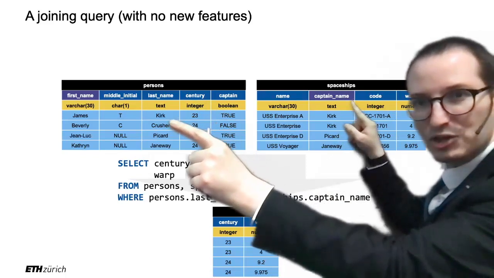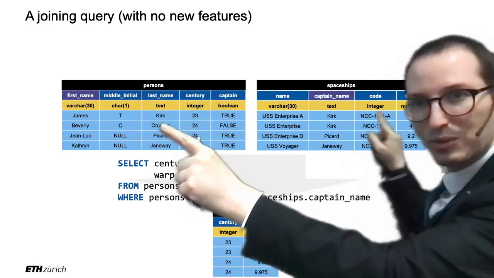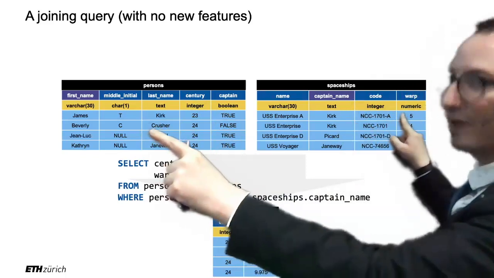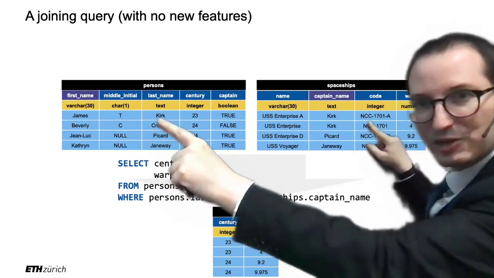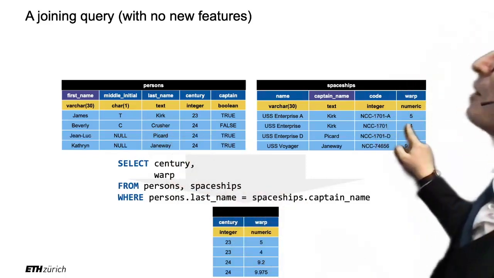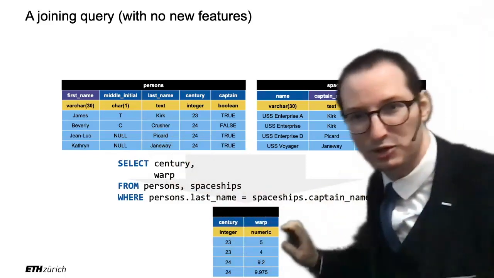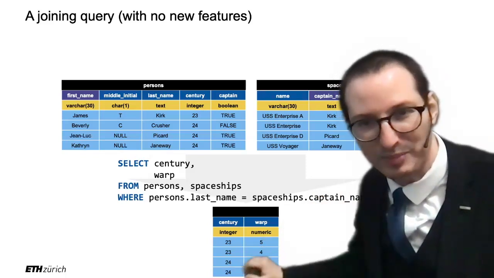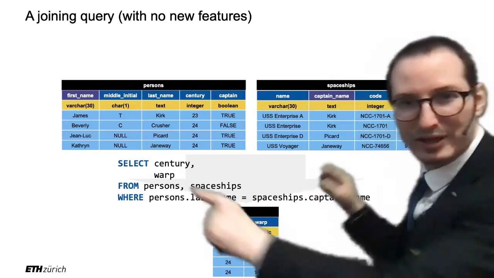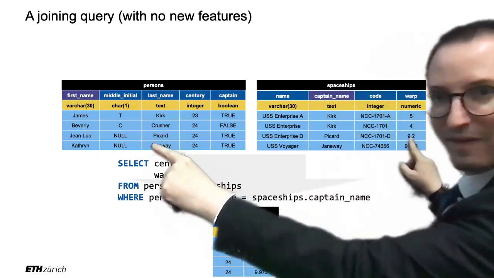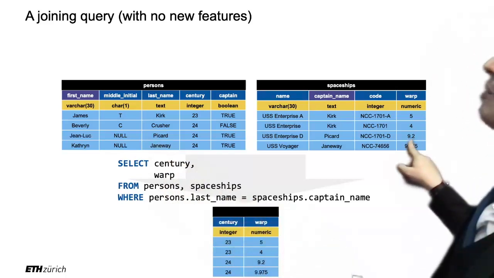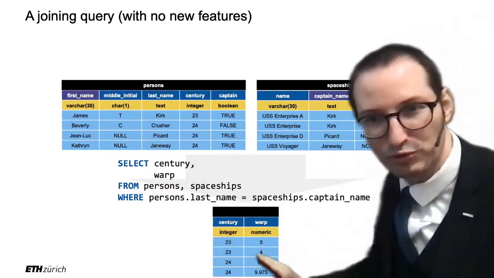So this first match gives you century 23, warp 5. The second match gives you century 23, warp 4. It was a different generation of the Enterprise spaceship. Then we have 24, that's the third match with Picard. That's the next century. So warp is getting closer to 10, 9.2.